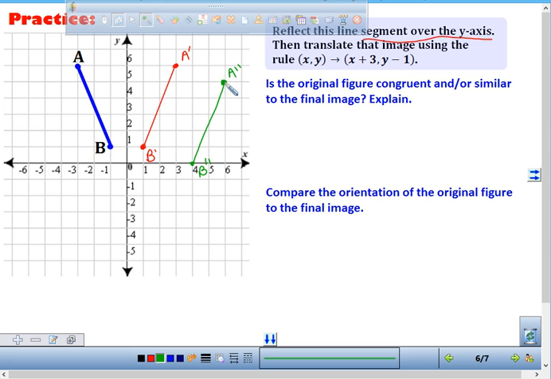Is the original congruent or similar to the green? What does congruent mean? Same size and shape. Are they the same size and shape? Yes, they are. So it's congruent. Okay, so that's what you can. That's your explanation too, because it says to explain. So I'd say same size, same shape.